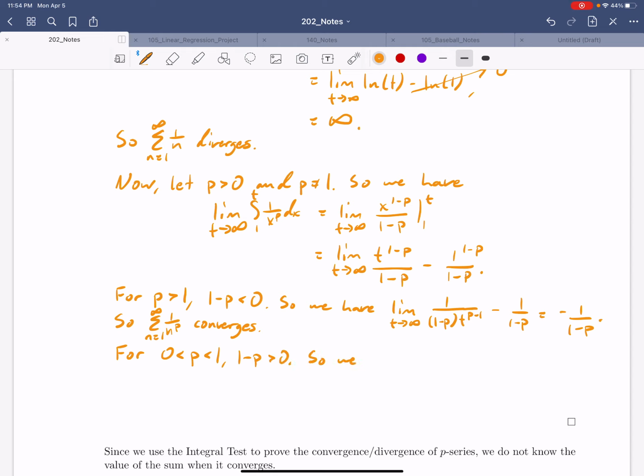So it makes more sense, just sort of intuitively, I'd say, to keep the t to the 1 minus p up in the numerator. I mean, you can write it however you want, but I think it's just better to look at it that way. And this, right, again, you've got a thing in the numerator, gets bigger and bigger and bigger. Doesn't matter how small the power is that it's raised to, it's a positive power. It's going to blow up.